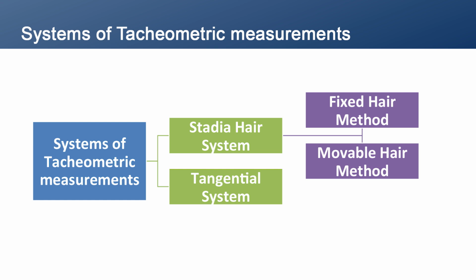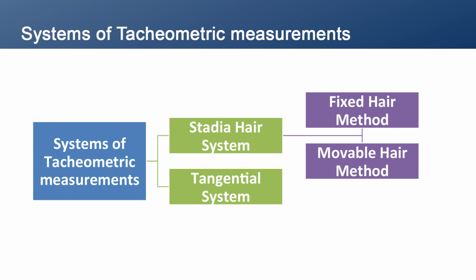Okay, let us conclude the problems and proceed to discuss the next method known as the mobile hair method. Before we look into this new topic, let us briefly revisit the concepts we covered in our first class on tachymetry. This tachymetric measurement can be carried out using different systems. The primary systems include the stadia hair system and the tangential system.